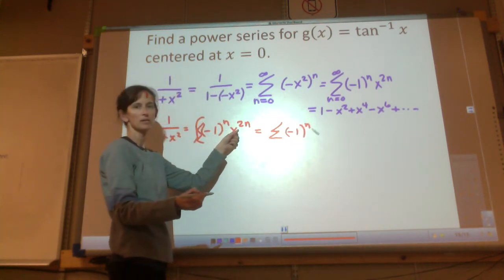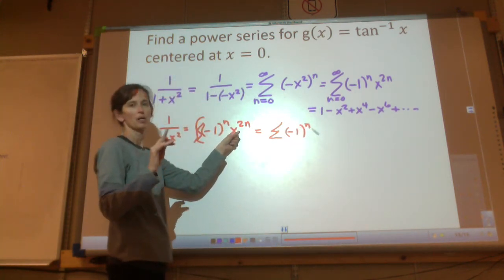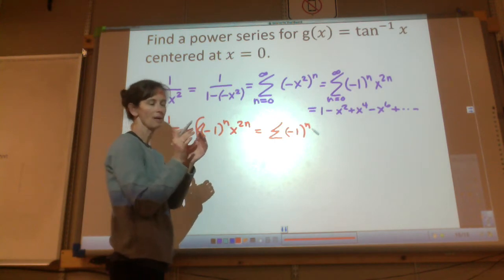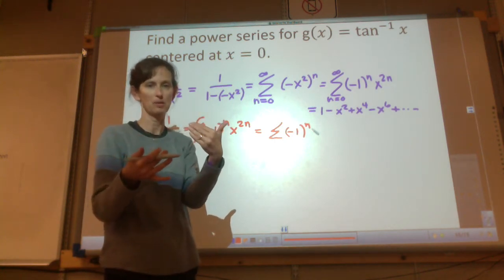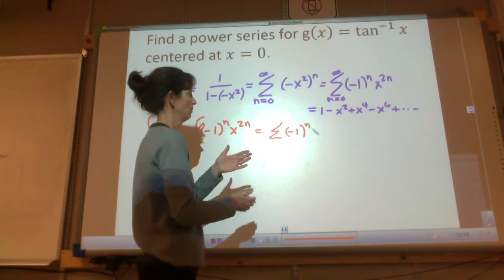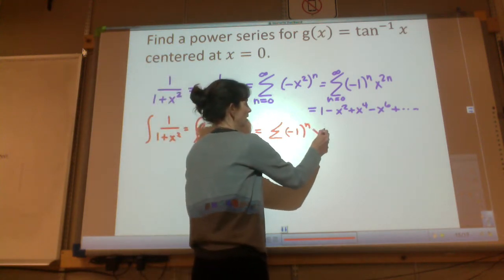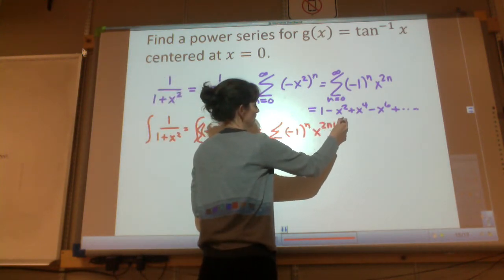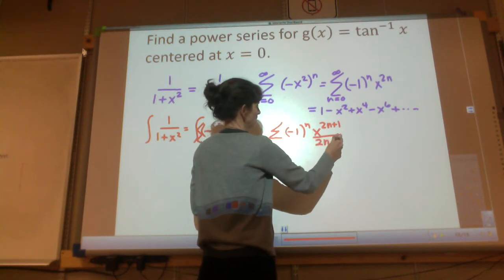The integral of this, you just do the power rule. 2n is a number. Don't start thinking about plugging in n plus 1. We are adding 1 to the exponent: x to the 2n plus 1 over 2n plus 1.